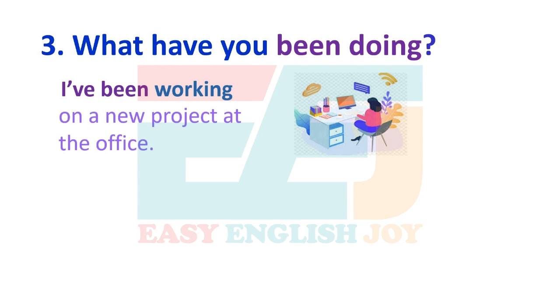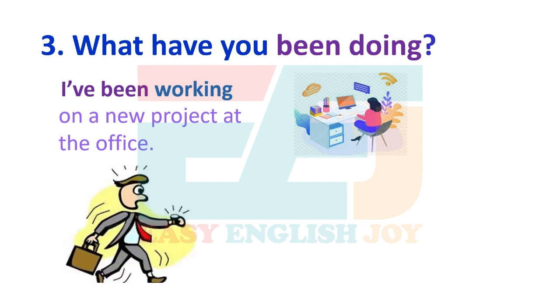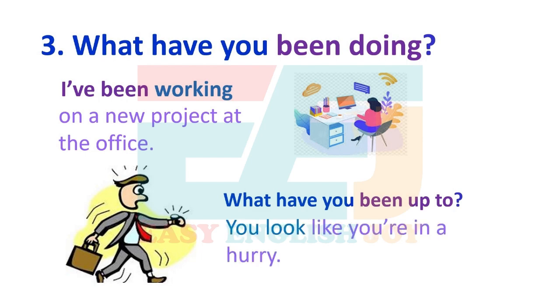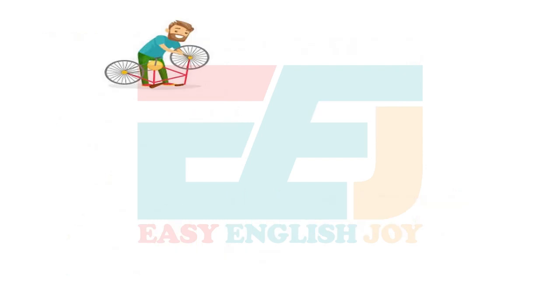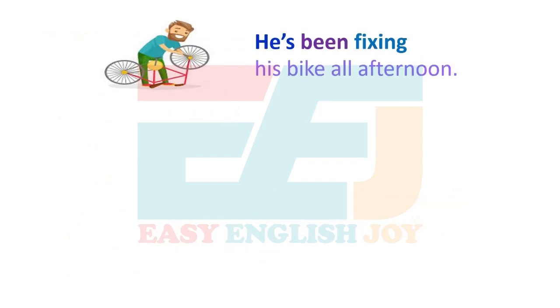I've been working on a new project at the office. What have you been up to? You look like you're in a hurry. He's been fixing his bike all afternoon.